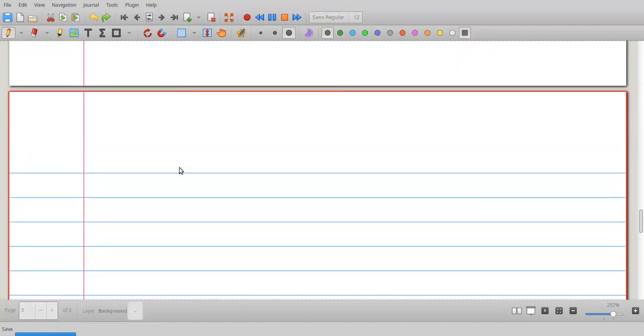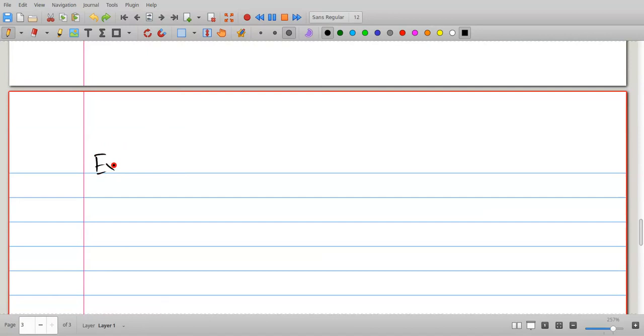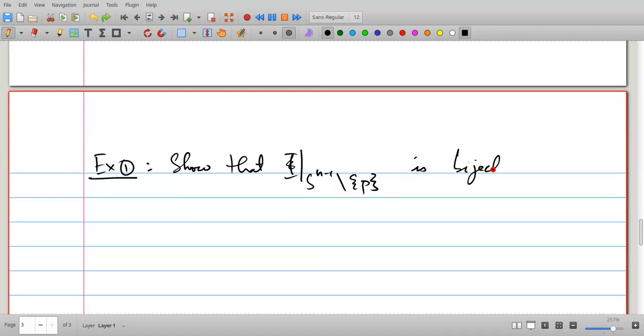So here are a couple of exercises. Exercise 1: show that phi restricted to Sn minus 1 minus p is bijective.